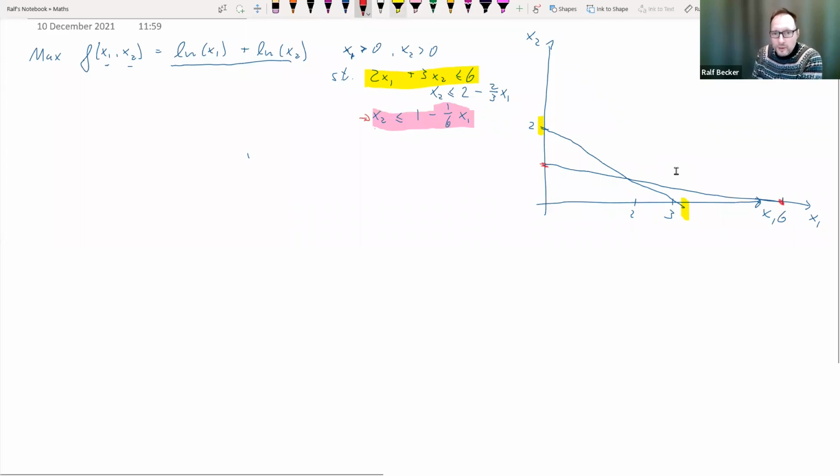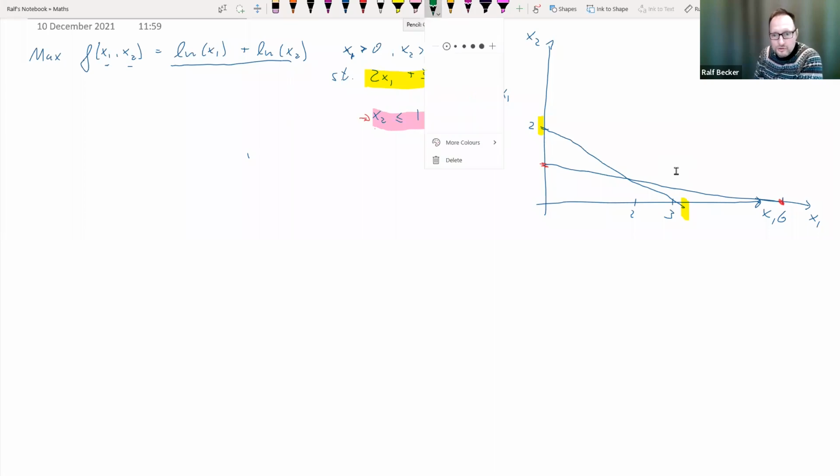And in both cases, what we need is that the values, you can see here, x2 for that first constraint, the yellow constraint, x2 can be on that constraint or can be smaller than that constraint. So the values which are allowed are the values on the line and below. Okay, so let me just do that in green.